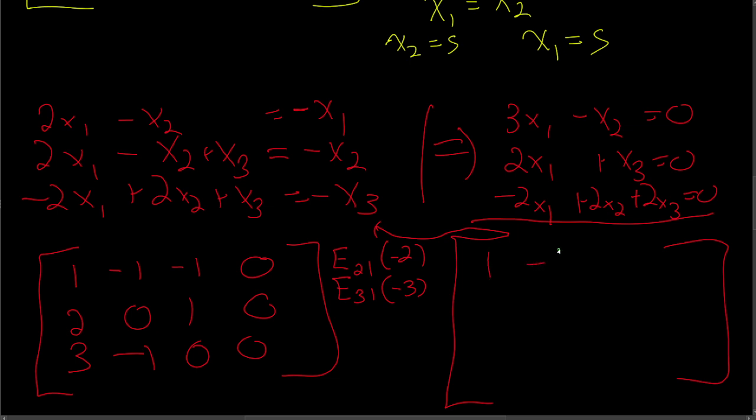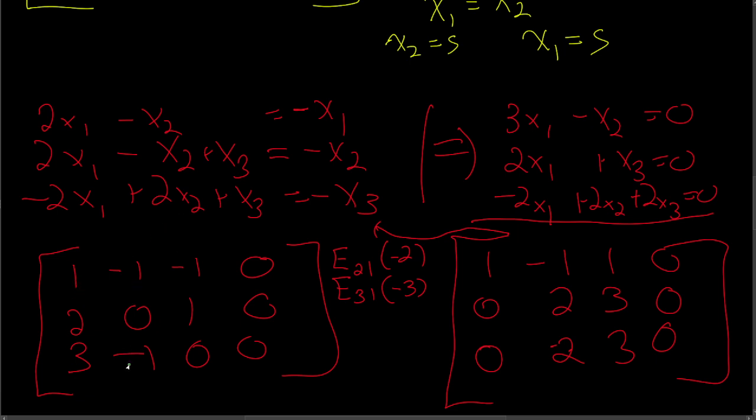So row 1 stays the same. Row 2, negative 2 plus 2 is 0. Negative 2 times negative 1, I'll get a 2 here, and negative 2, 3, 0. And then on my last row, that pivot clears, and we get negative 3 plus 3 is 0.